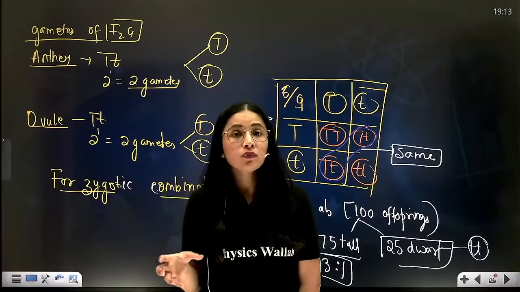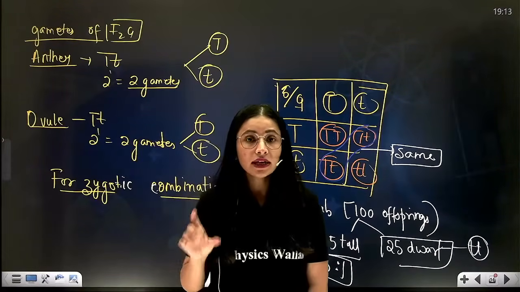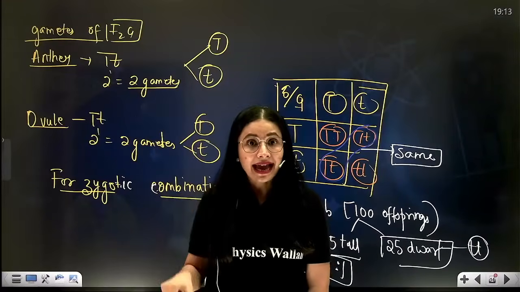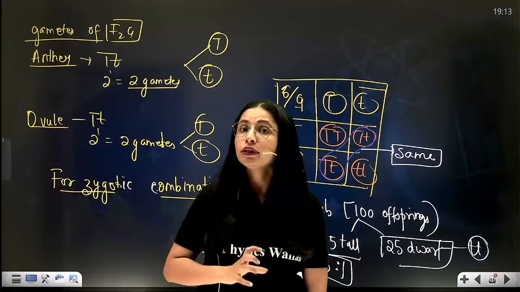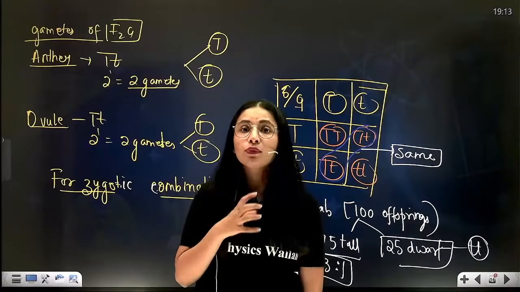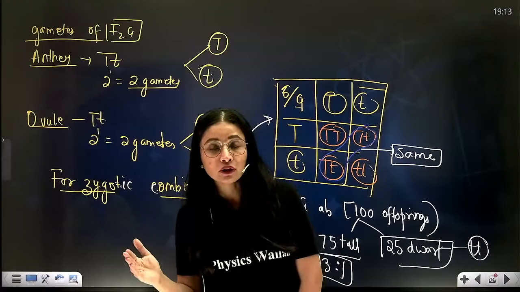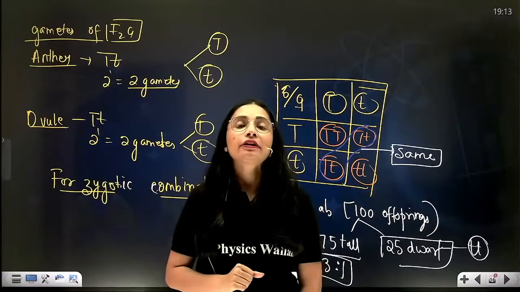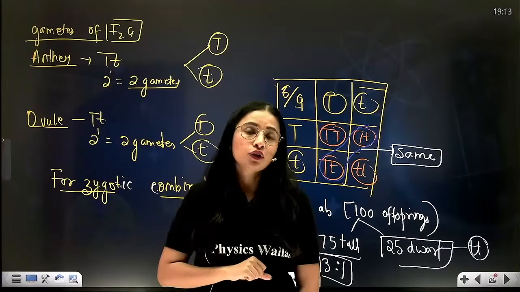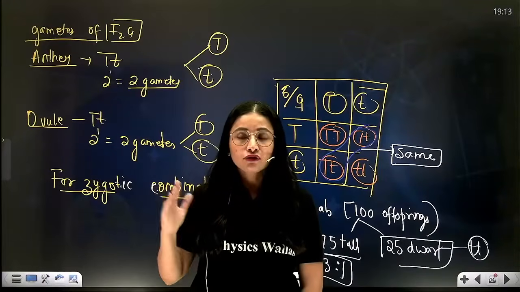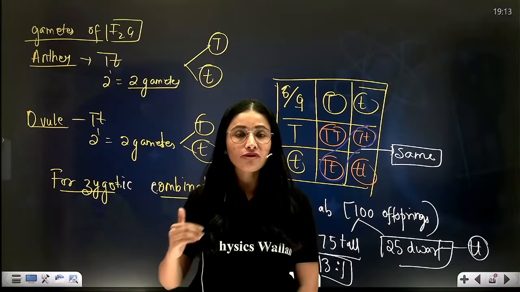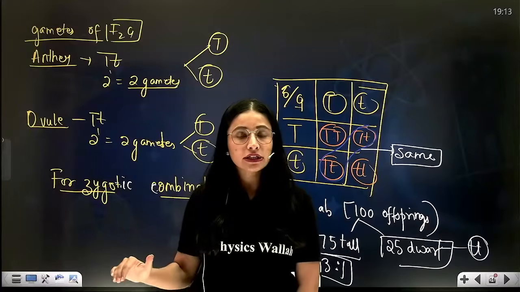However, now Mendel wanted to decode the genotype of the F1 offspring and the 75% of F2 offspring which are actually tall. He wanted to know whether they are homozygous dominant tall or heterozygous dominant tall. Right? So the phenotypic ratio for the monohybrid cross in F1 and F2 is clear to each and everyone.